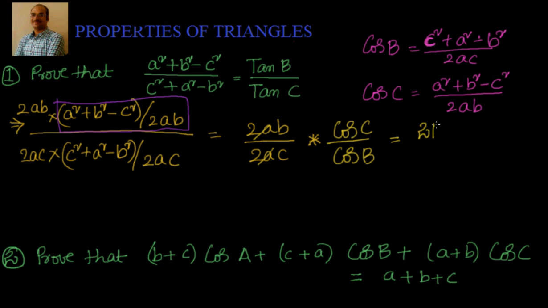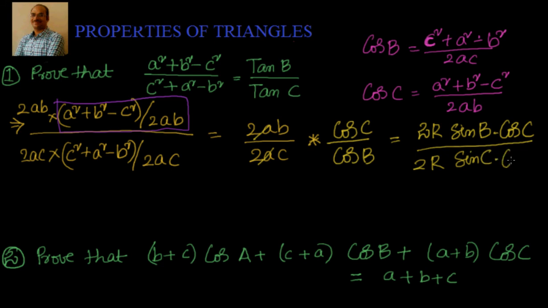Then I have cos C. What I have done? I have leveraged the law of sines, which says that b is equal to 2R sin B. I have converted b from a measure of side to an angle, 2R sin B. Similarly, c is equal to 2R sin C, multiplied with cos B. Now 2R cancels out.